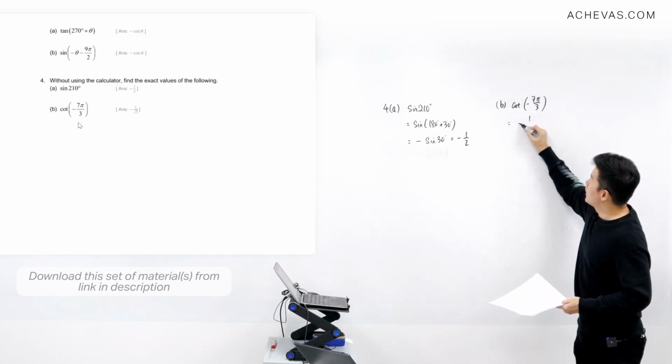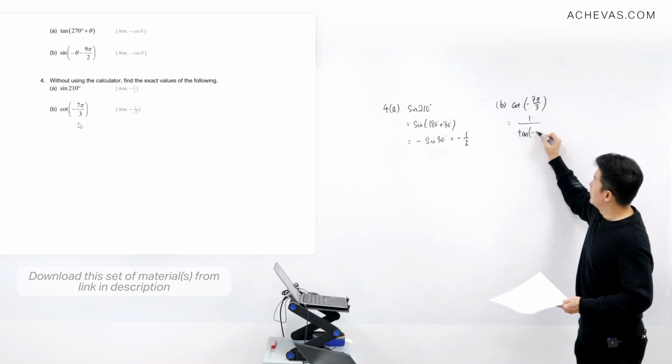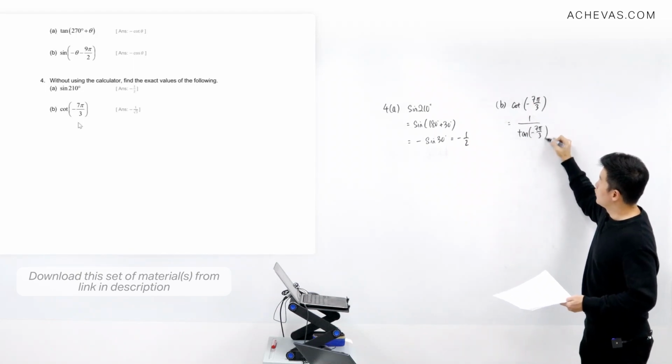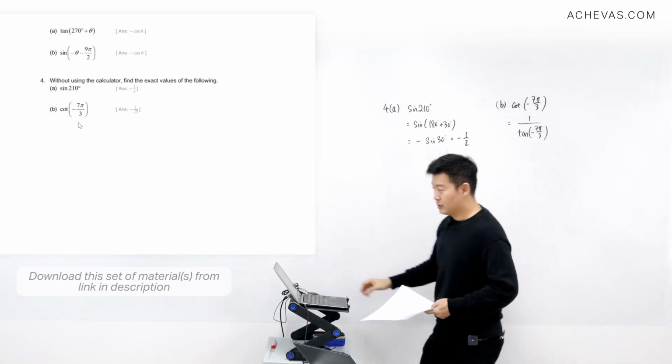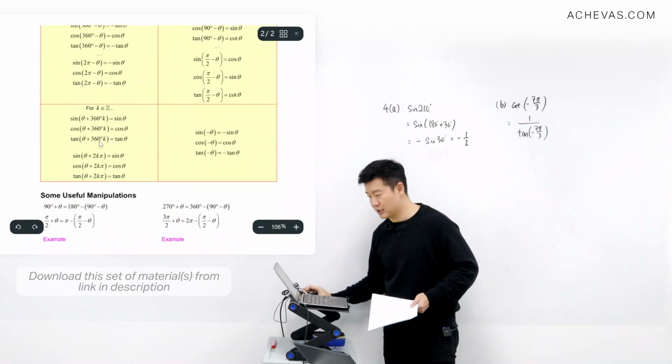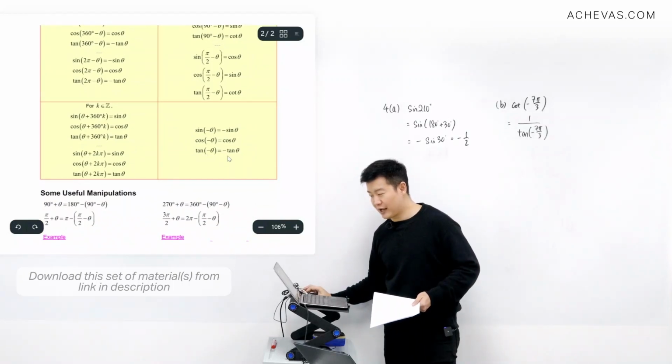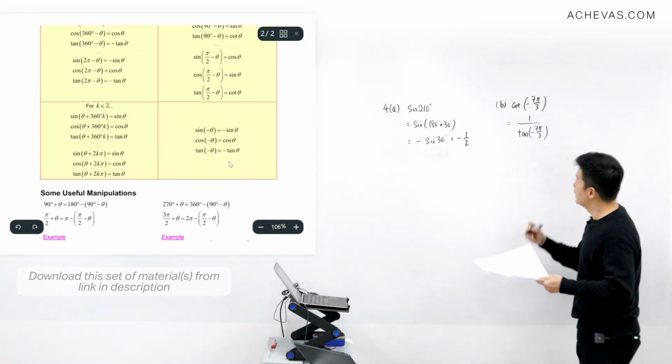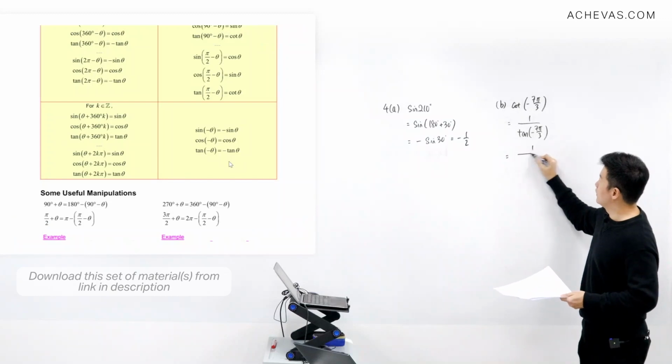I will change this to 1 over tangent of minus 7 pi over 3. Negative angle, I'm going to make use of this particular transformation here. Tangent of a negative angle is negative tangent of the angle. So this can be written as 1 over minus tangent of the angle 7 pi over 3.